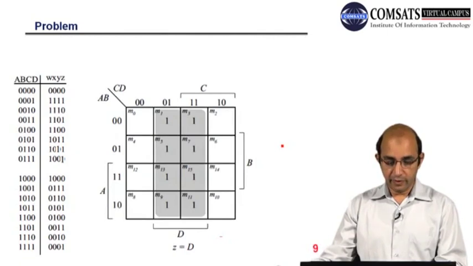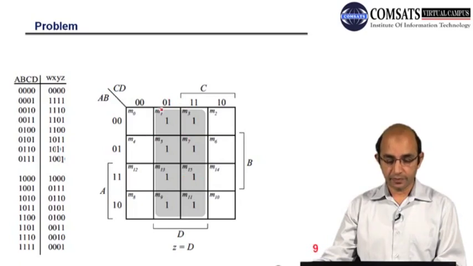Right. Finally we will be having the K map for Z. So you can see for Z we have another pattern, 0 1 0 1, so till we finish here. So 0 1 0 1 0 1 0 1, then 0 1 0 1, right.